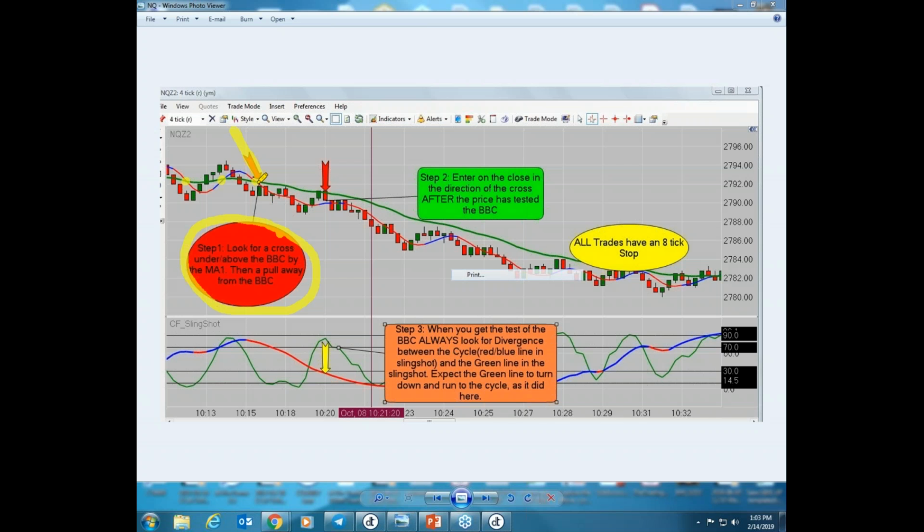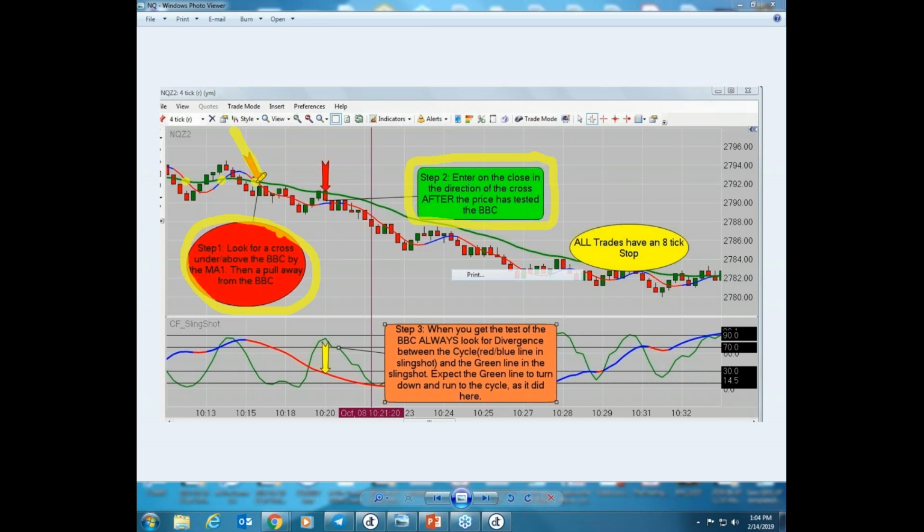So at that point, we're looking for shorting opportunities. We're looking to get short the market. Now note that I didn't say go long, go short, go long. I just said we're looking for shorting opportunities, because what that's going to do is lead us into step number 2.